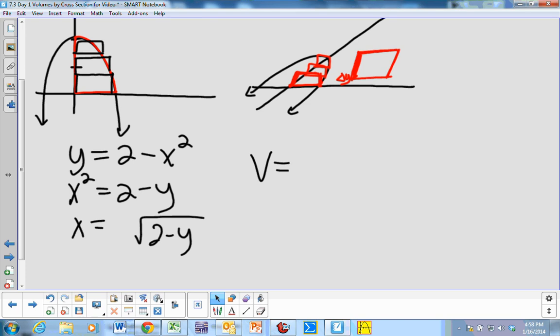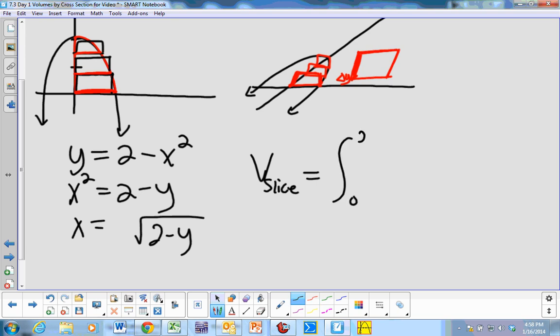So the volume of a single slice is going to be, well, if you look back over at the first picture, we can see that the width of our square this time is the function going over to the y-axis. So it's just going to be the x function, and everything in terms of y.